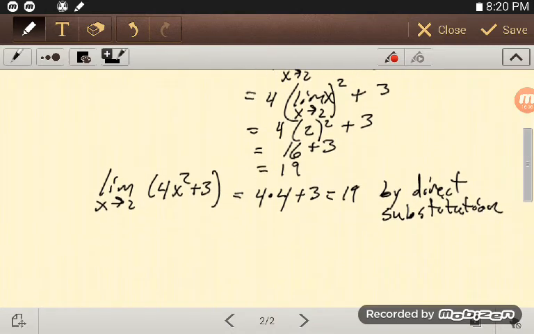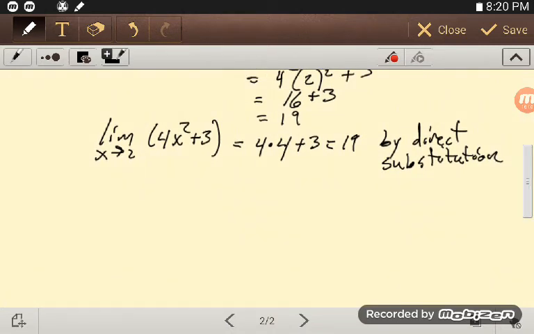Okay, let's save the work for the ones where it's really just not obvious what the answer is.